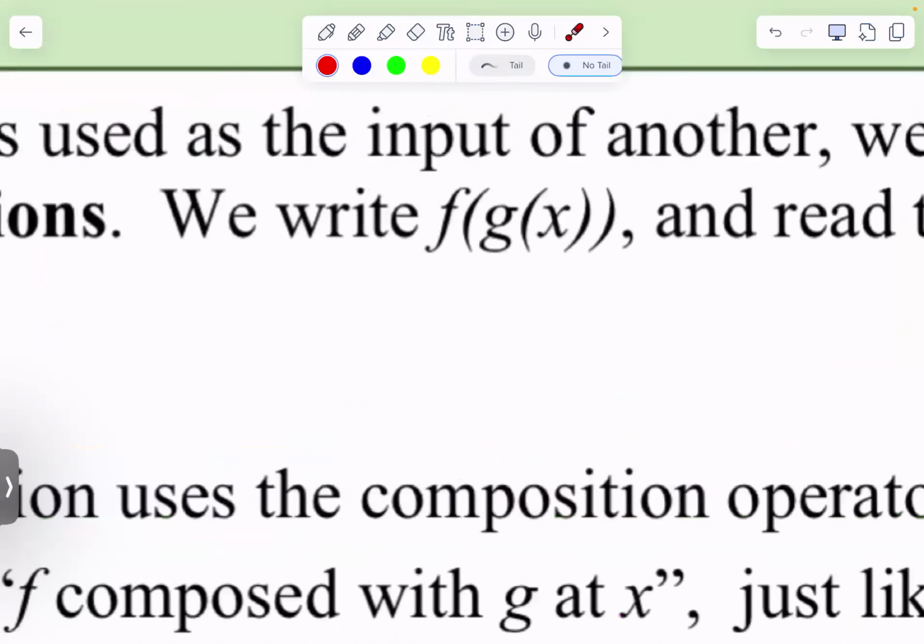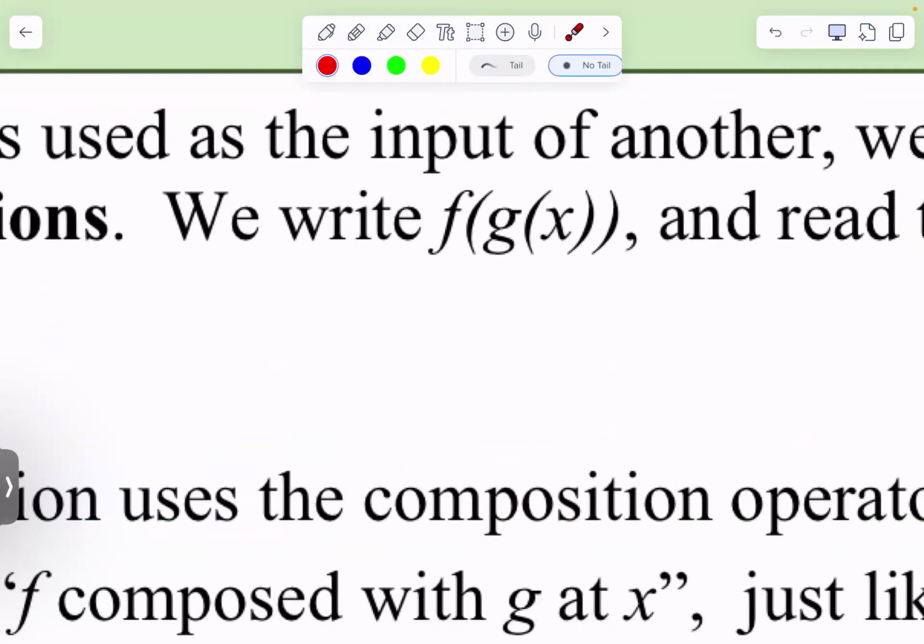And so here, I'll zoom in, because remember, if you just focus on g of x, when you see those brackets, you're going to read them as of. But now I have f of g of x. What does that mean?